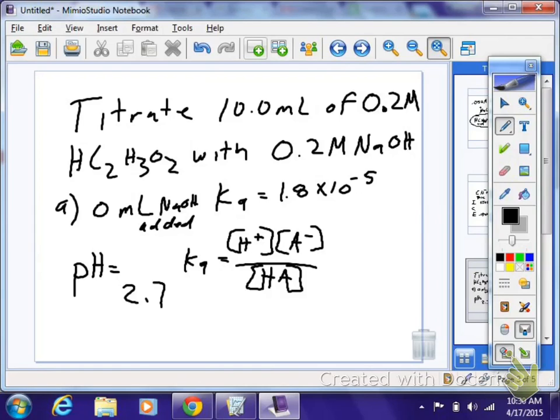You take the negative log of that number, and you get the pH. It's 2.7. Any questions with that? So when you put your probe in there, it should read around 2.7. I know that our probes that we've been using are a little bit off, but they were fairly close. They weren't off too far. Okay, so any questions before we do the next part?